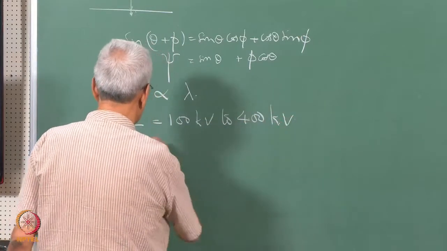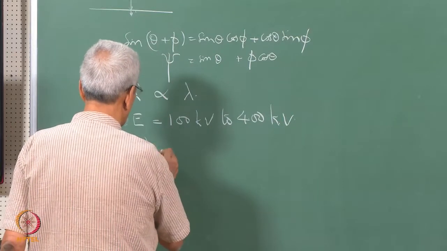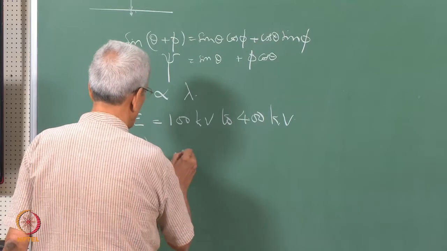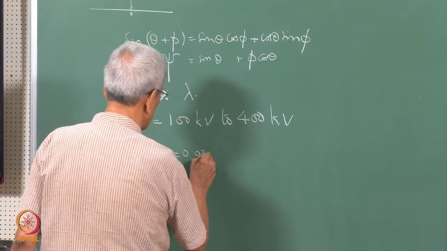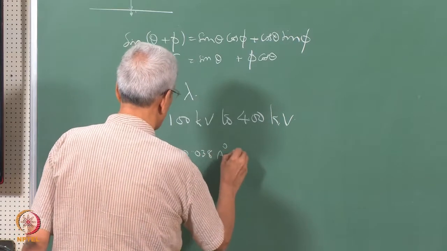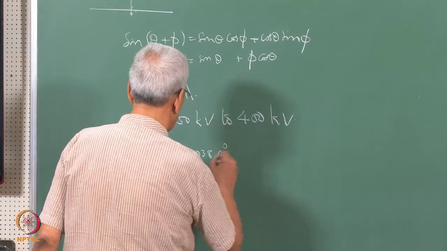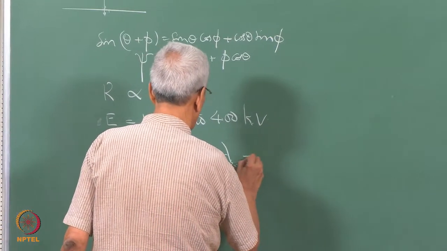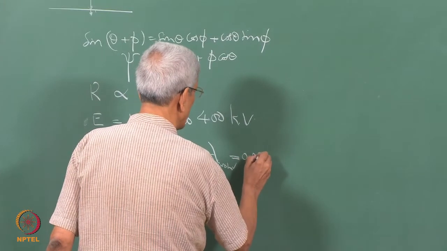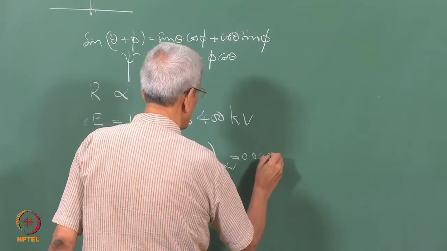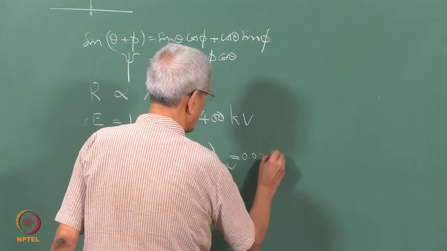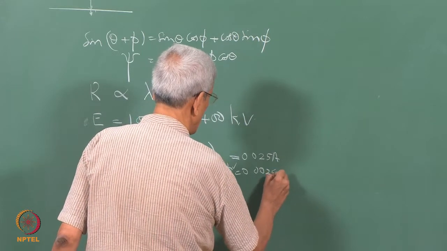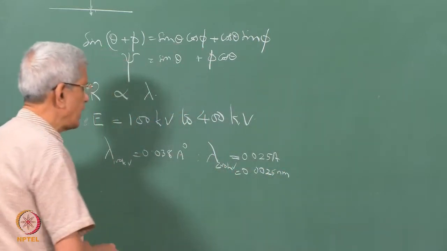Then the wavelength lambda for 100 kV is about 0.038 Angstrom, and for 200 kV, lambda equals 0.025 Angstrom, or 0.0025 nanometer.